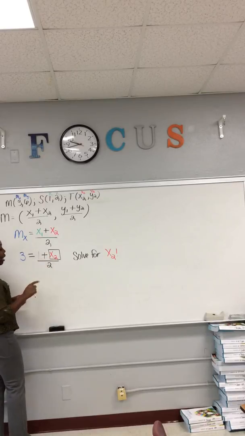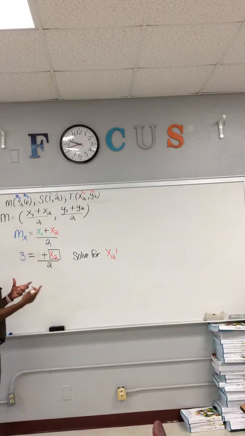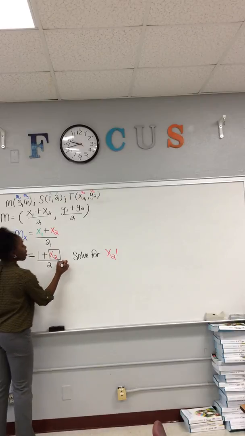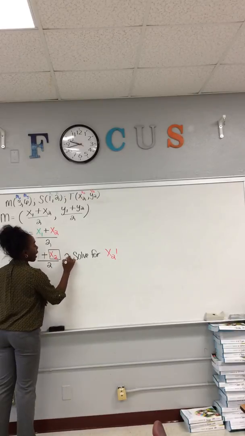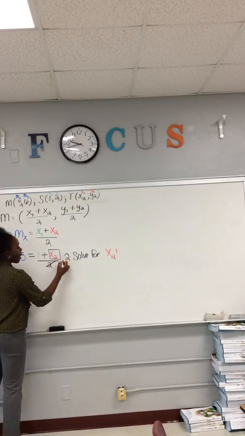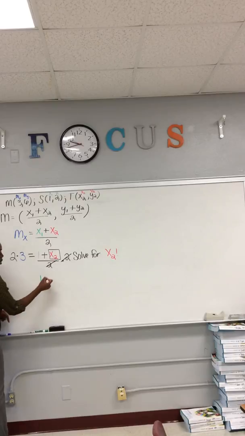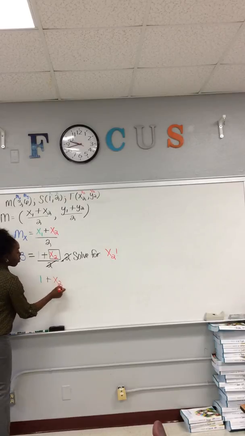That's a hard word for me to say. So the denominator is 2. Because it's being divided, I have to do the opposite of division, which is multiplication. So I'm going to multiply both sides by 2 to get rid of the denominator. What happens here is this 2 goes away and that 2 goes away, and I'm left with 1 plus x2.